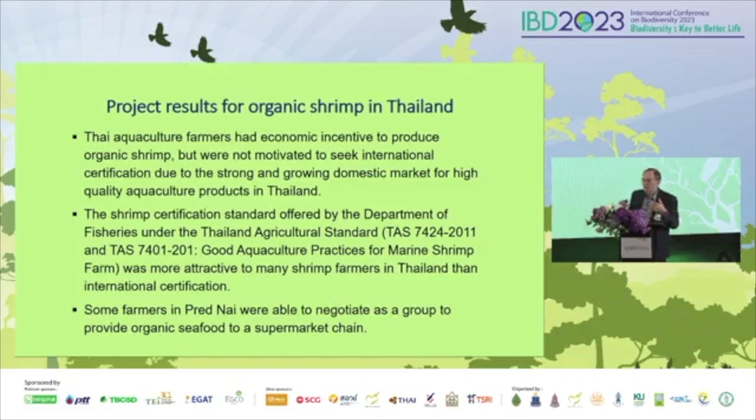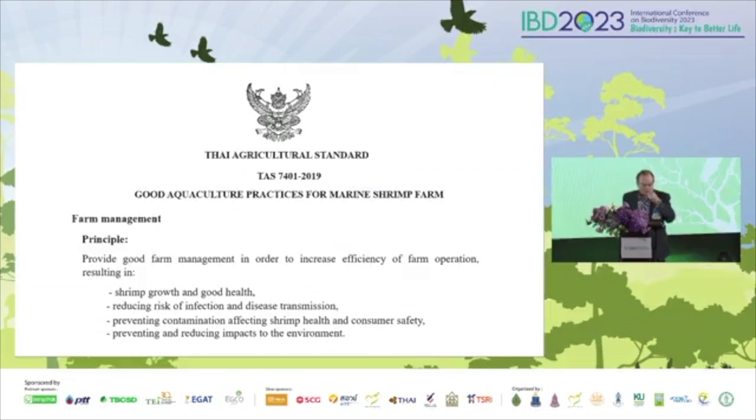That was because there is a very strong domestic market for seafood, particularly for shrimp, in Thailand, and they were very happy to receive the certification standard of the Department of Fisheries, and that follows the standard that's set by your agricultural department, which specifies good aquaculture practices, very common sense measures to ensure that the shrimp are healthy, that there is no negative impact on the environment, and therefore the shrimp that are being sold are high in quality and therefore safe for consumers.